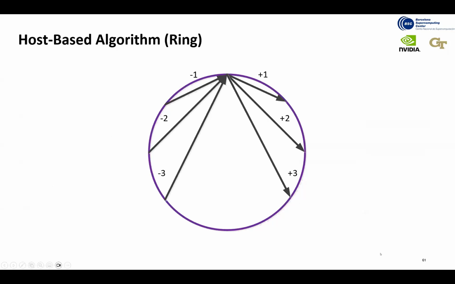So if you think in terms of collective algorithms, I know I've been talking a lot about the actual algorithms of the collective, and this is an example. I think initially when we wrote the slides, it was for allgatherv, and a typical algorithm that's not necessarily the most efficient one is to implement an allgatherv with a ring algorithm.